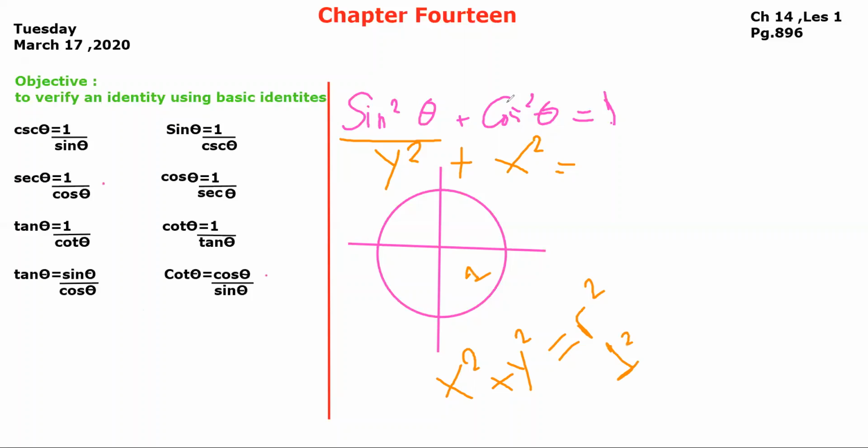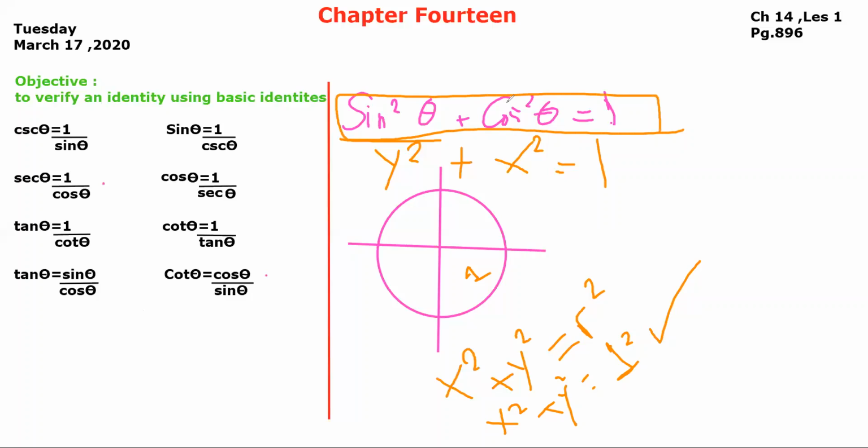So x squared plus y squared is equal to 1 squared. Since sine squared is y squared and x squared is cosine squared, and using the equation of the circle, sine squared plus cosine squared equal 1.